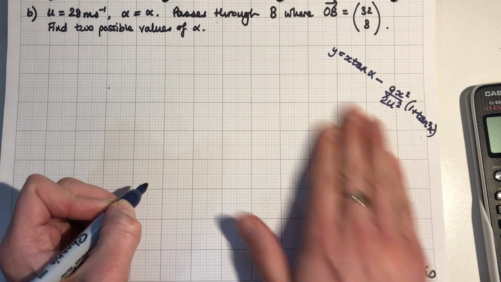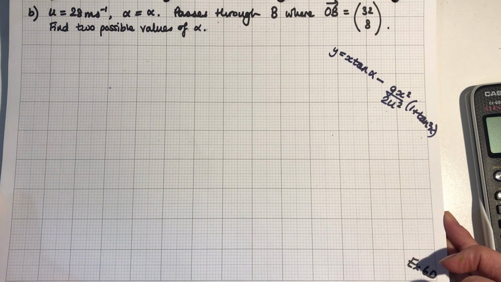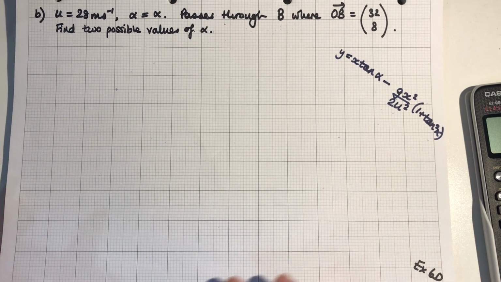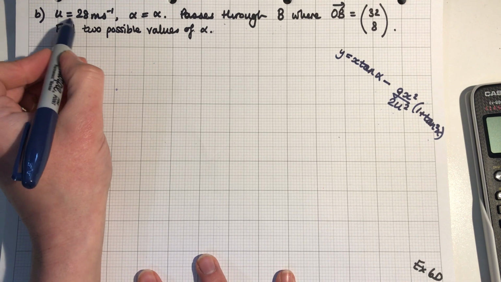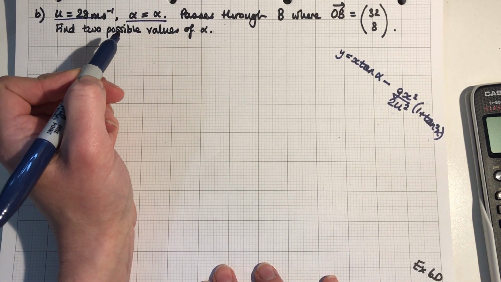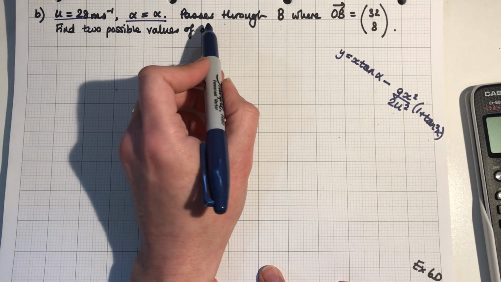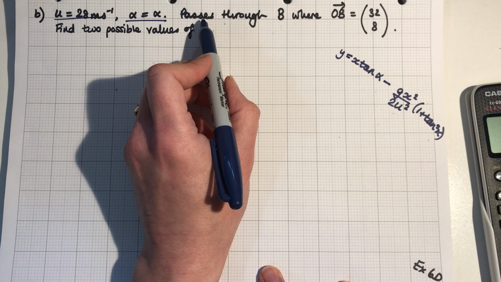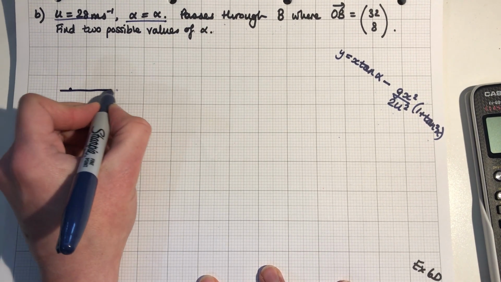You'll be pleased to know you don't have to memorise this. It's just you do need to be able to know how to derive it, like I just showed you. So now we've got an example with numbers. We're told that u is 28. Alpha is still unknown. But what we do know is that at some point along the projectile motion here, which is a particle being projected from a point O on a horizontal plane, it tells us in the question.